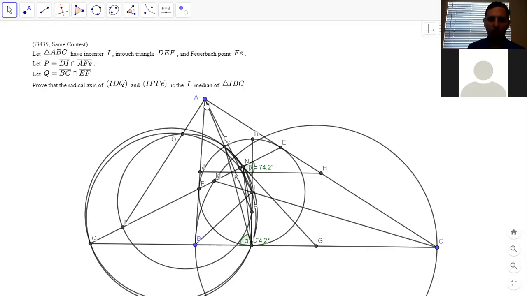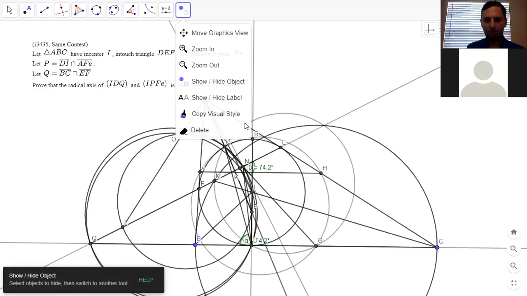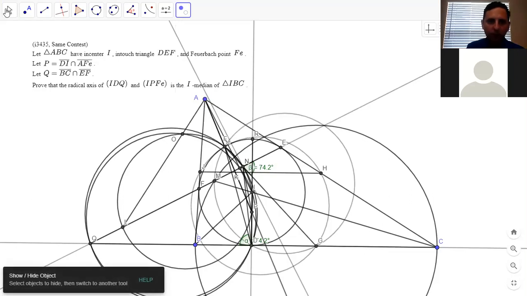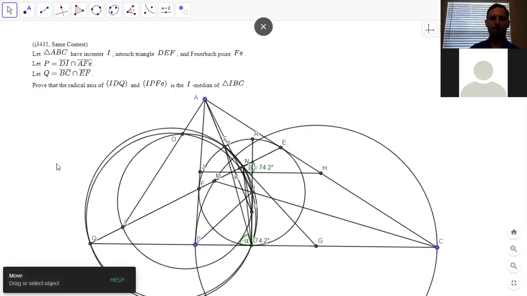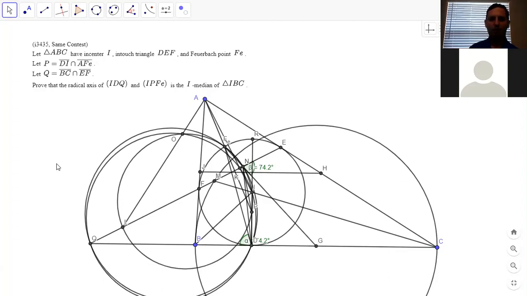So what was the 9-point circle of BIC? I think we said something was the 9-point circle of BIC, right? GDFE. GDFE. That's an interesting fact.